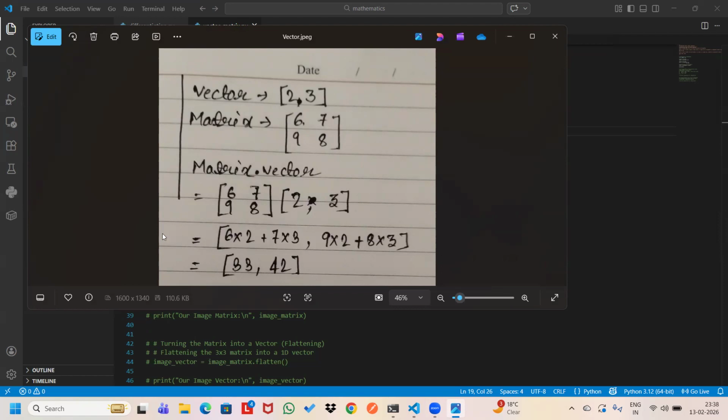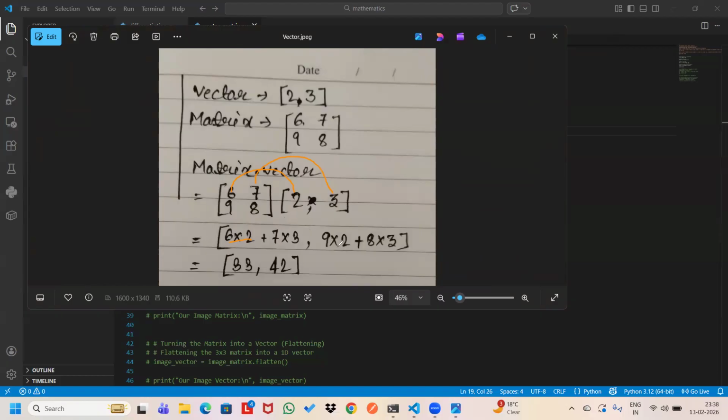Let me do something over here so it will be easy to understand. So 6 will first multiply by 2, and you will write it over here like this. Then again you will give a plus sign, and 7 will multiply by 3, and you will write 7 into 3.